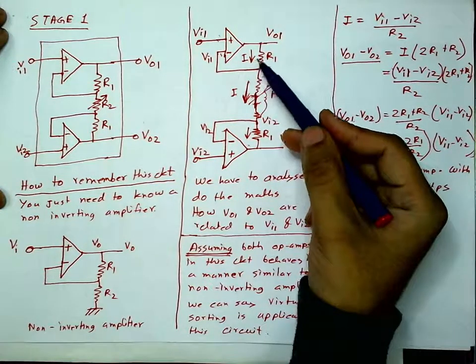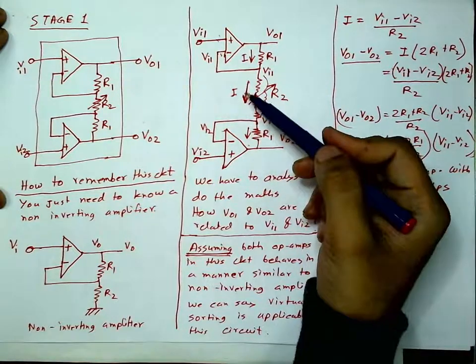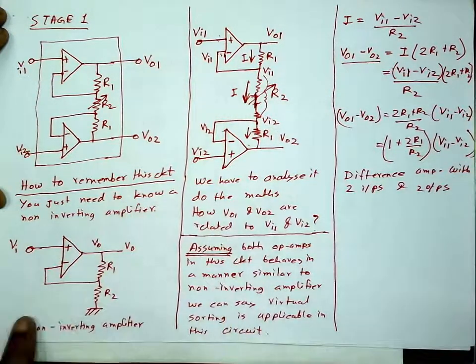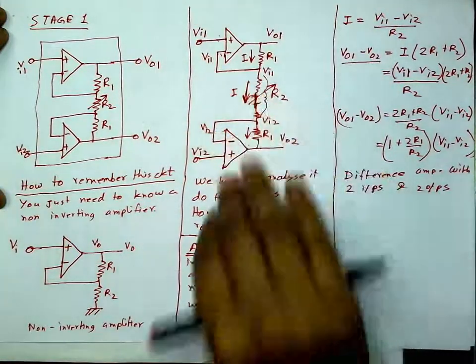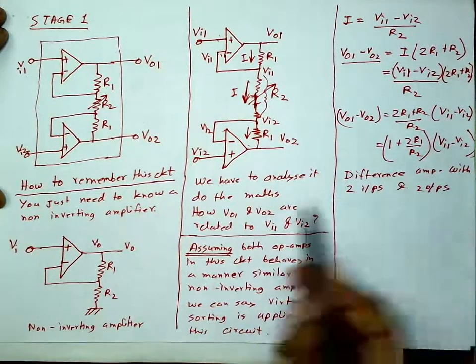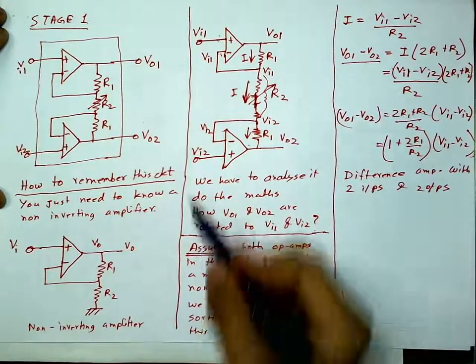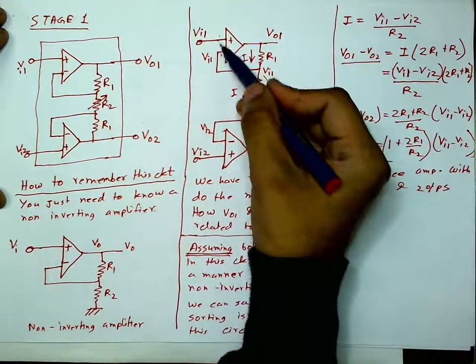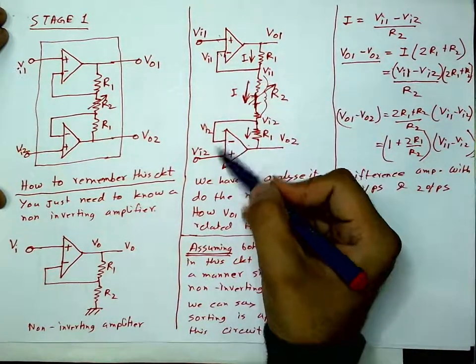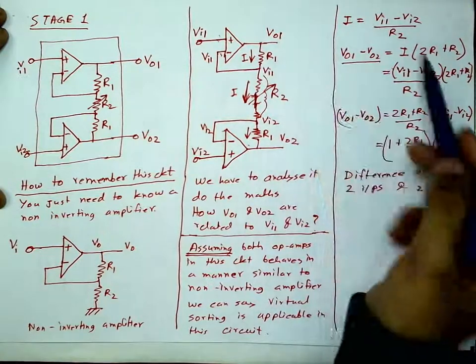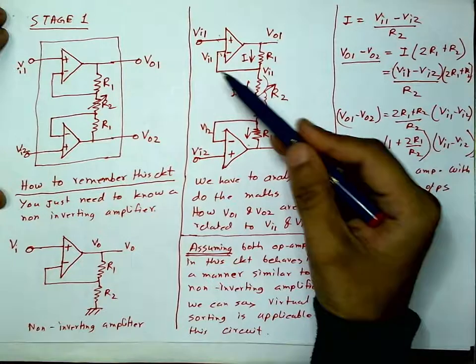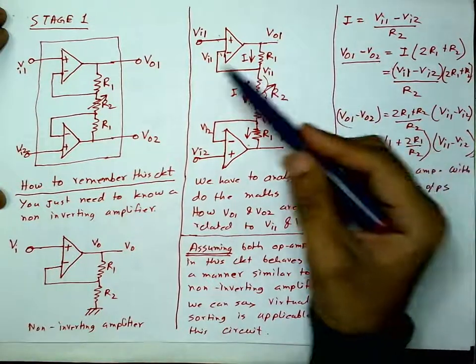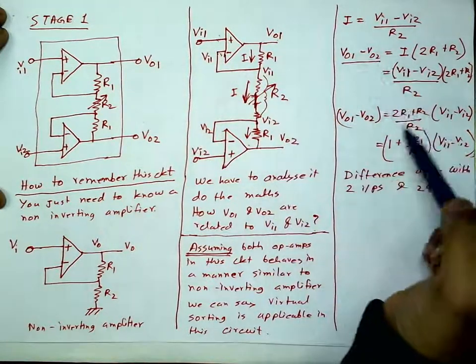So to remember this circuit, just remember a non-inverting amplifier, copy it twice, with one being the mirror image of the other. As soon as we make the assumption that these two inputs are at the same potential, it is very easy to find the relation between VO1 minus VO2 versus Vi1 minus Vi2. It's simple.